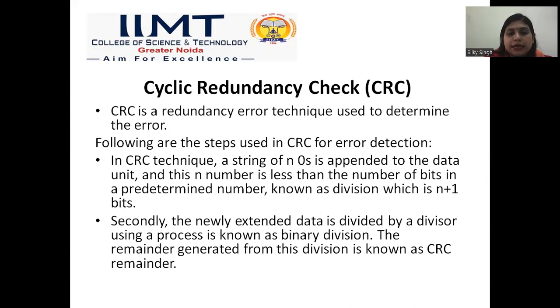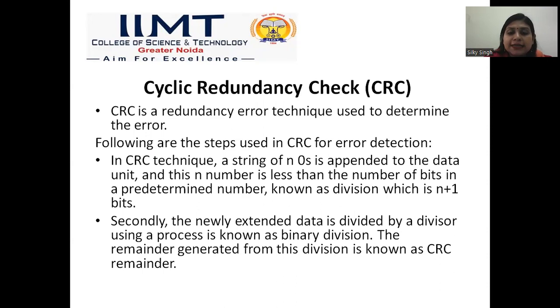In the CRC technique, a string of n 0s is appended to the data unit, where n is one less than the number of bits in the predefined divisor, which is n plus 1 bits.